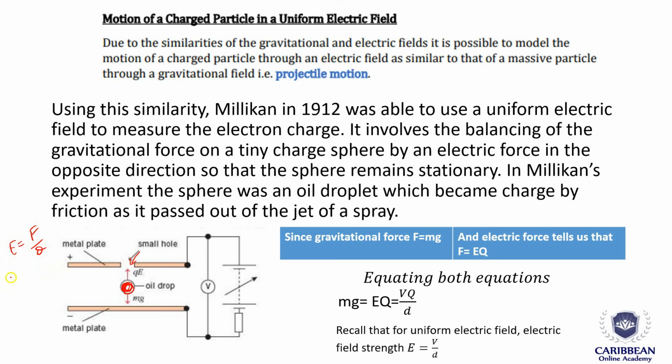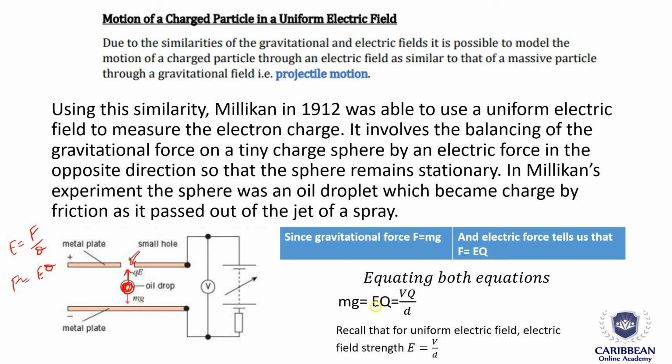So we can find that the force is equal to the electric field times the charge. Following? Now, when the charge is balanced, we can simply say that the upward force, which is equal to the electric field times the charge, is equal to the downward force, which is equal to mg, the weight of the object, or the weight of the oil.